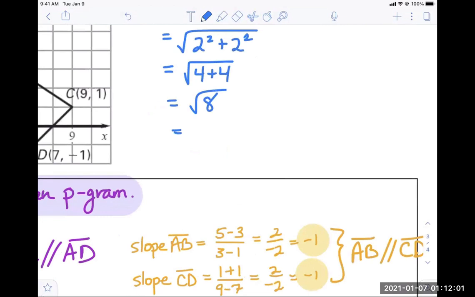And then remember, that's a square root that breaks down. It'll become a 2 root 2. So 8 breaks down like 4 and 2, and then 2 and 2. A pair of 2's come out, 1 stays inside. Or you can just think square root of 4 times square root of 2, which is 2 square root of 2. Just a little refresher there on breaking down radicals.